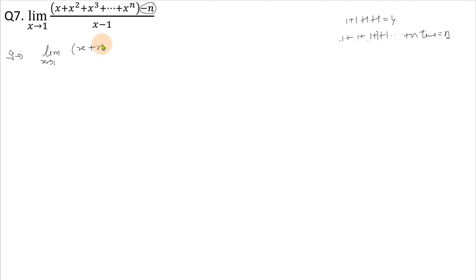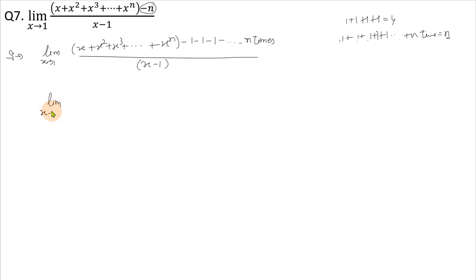So x plus x square plus x cube plus and so on up to x power n. Instead of writing minus n, we write minus 1, minus 1, minus 1, and so on, minus 1 n times, upon x minus 1. Now combining these n minus 1s, we have written minus 1 n times, combining each negative 1 with each x factor.